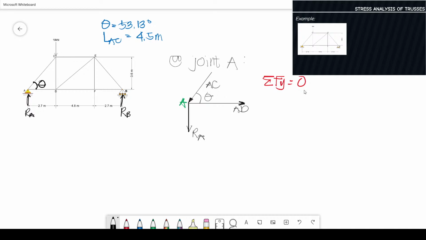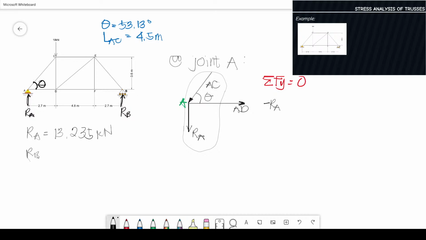Okay. So, let's focus on this one, diba? Okay. So, RA that is negative. RA, we already have the value of RA. RA is 13.235 kilonewton.